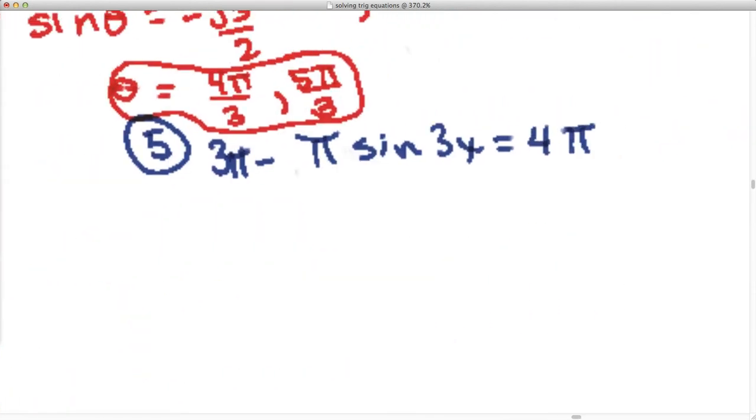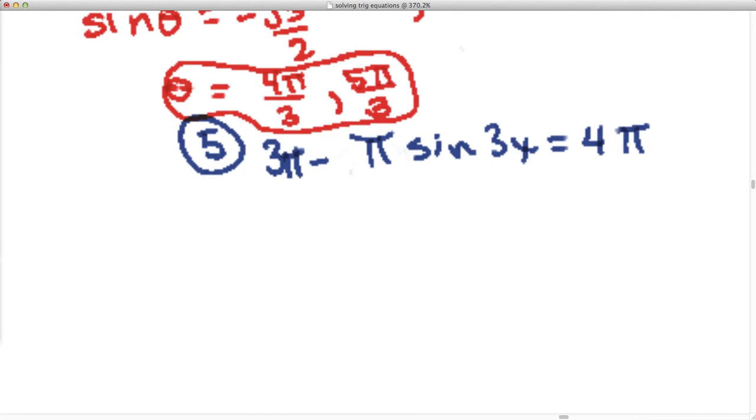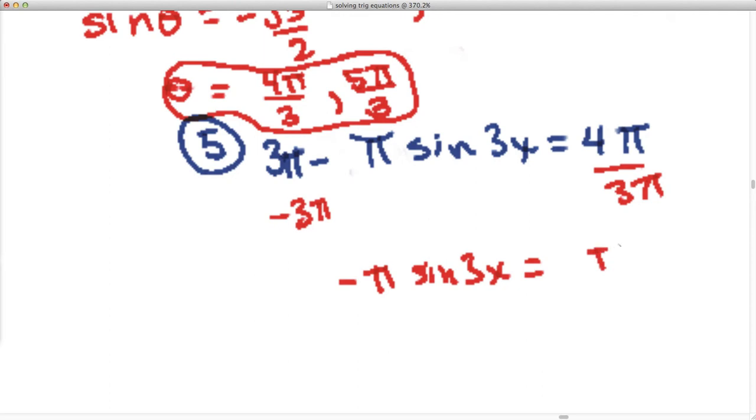Last problem, we've got a little bit more interesting problem here. As usual, just solve for the trig function. So if I subtract 3 pi from both sides, I get minus pi sine 3x equals pi. Divide both sides by negative pi, I get sine 3x equals negative 1. So what this is asking me is, where does sine equal negative 1?